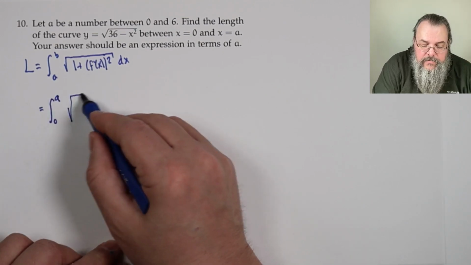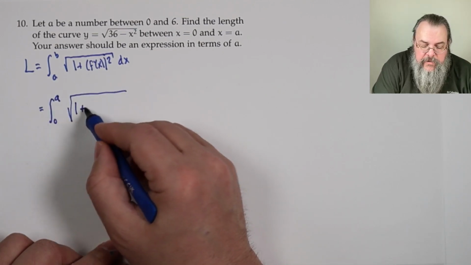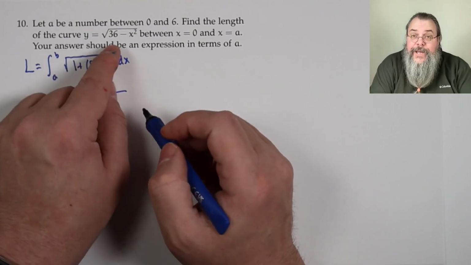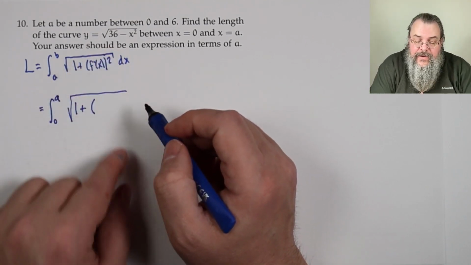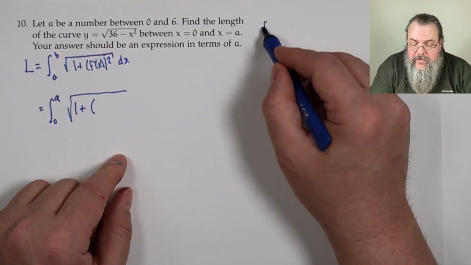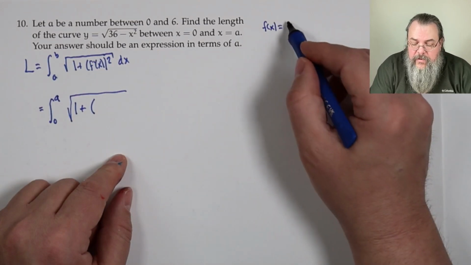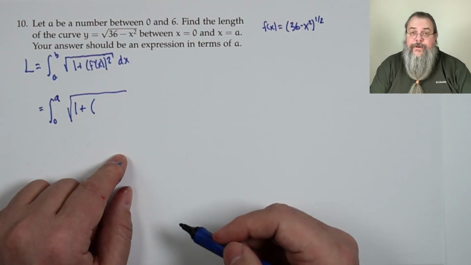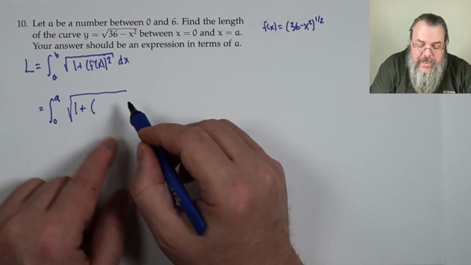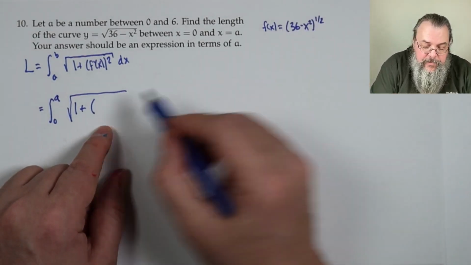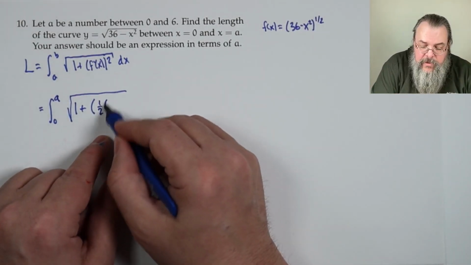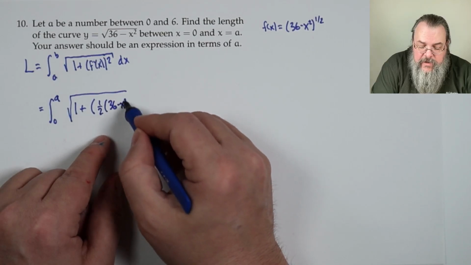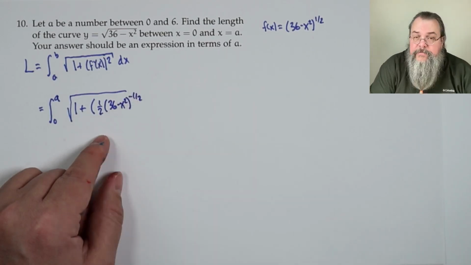square root of 1 plus, now take the derivative. So our f of x is 36 minus x squared to the 1/2 power. So when we take the derivative, the 1/2 comes down, 36 minus x squared to the minus 1/2.